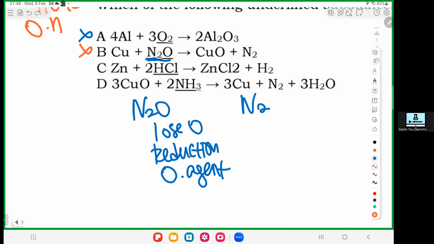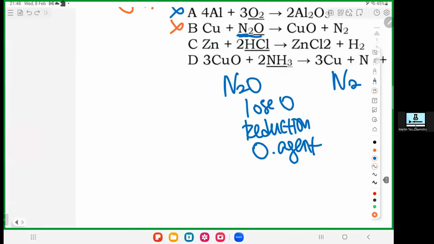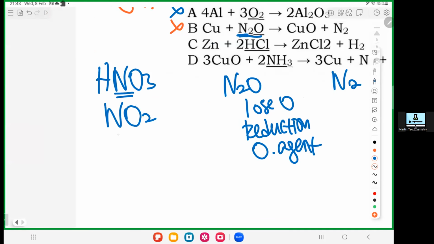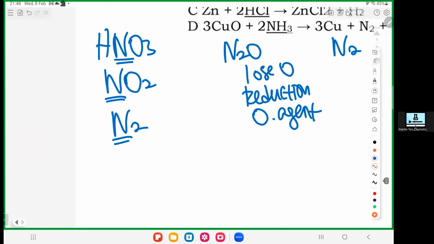I get a question here in the chat box. Is the oxidation number for nitrogen different in all compounds, or is it always +1? It's always different. Like the nitrogen in nitric acid, in NO2, in N2, in ammonia, all are different.